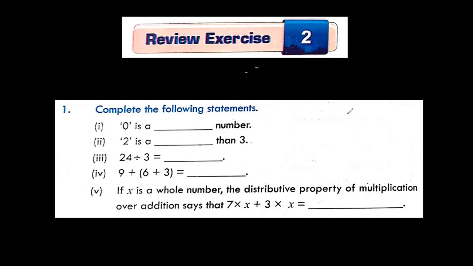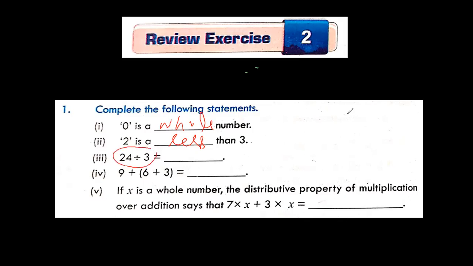Okay, good. This is a whole number. 2 is a dash than 3. So less, the option is 2 is less than 3. You can use this symbol, less than. All of you are clear? Yes, sir.